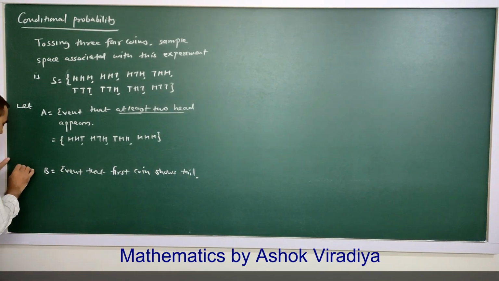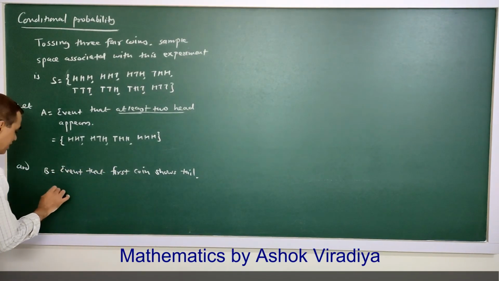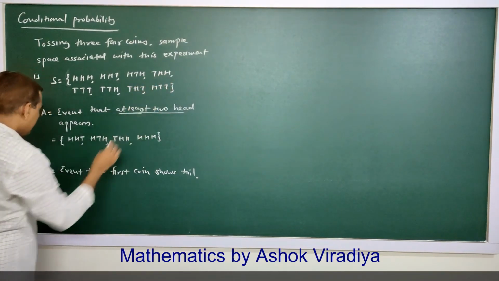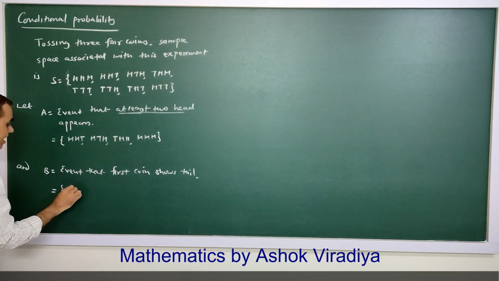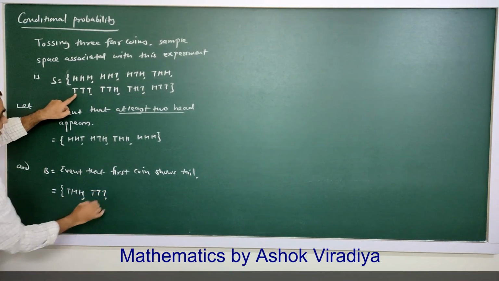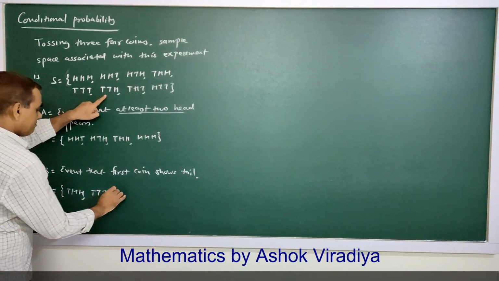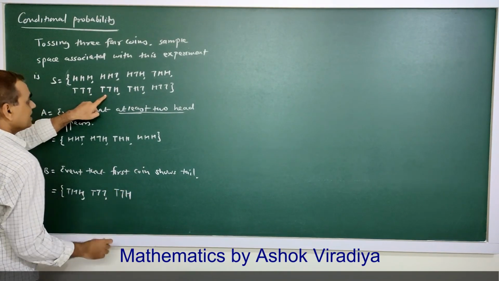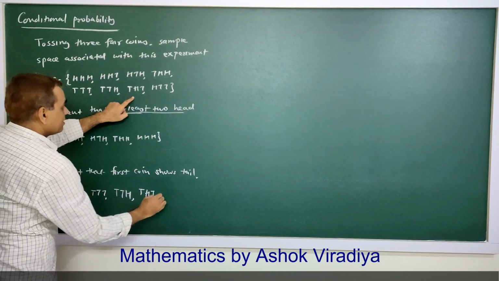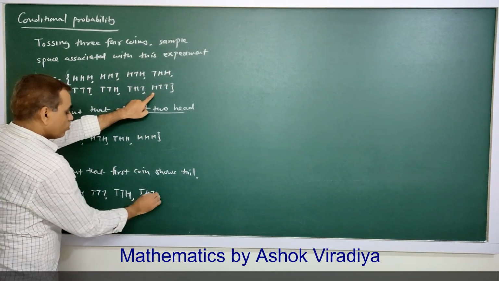B is the event that the first coin shows tail. So in this entry the first coin is showing tail, here the first coin is showing tail, here the first coin is T, here the first coin doesn't show tail.